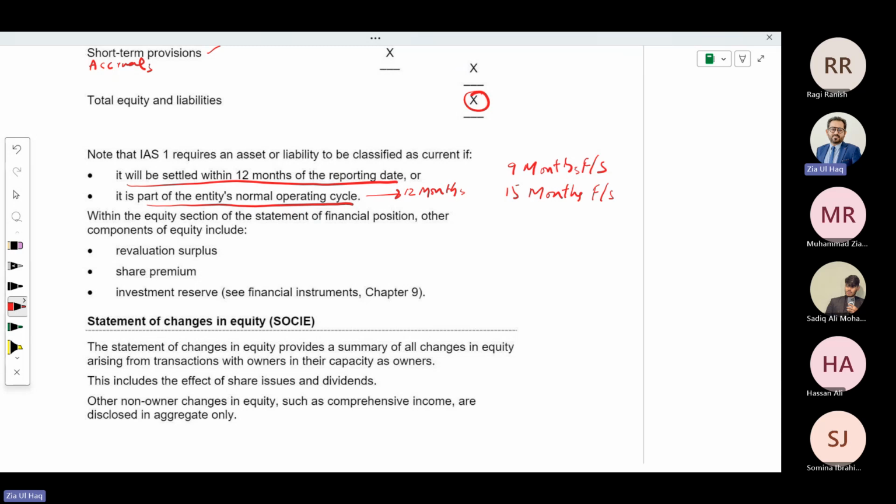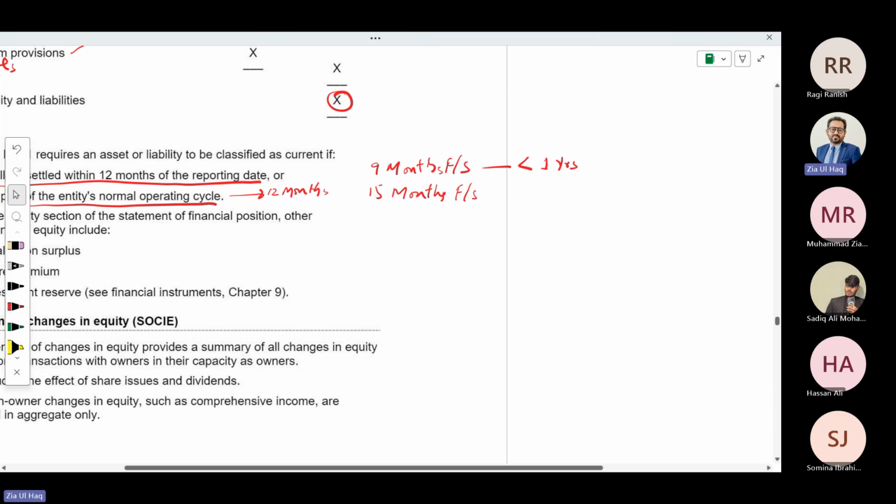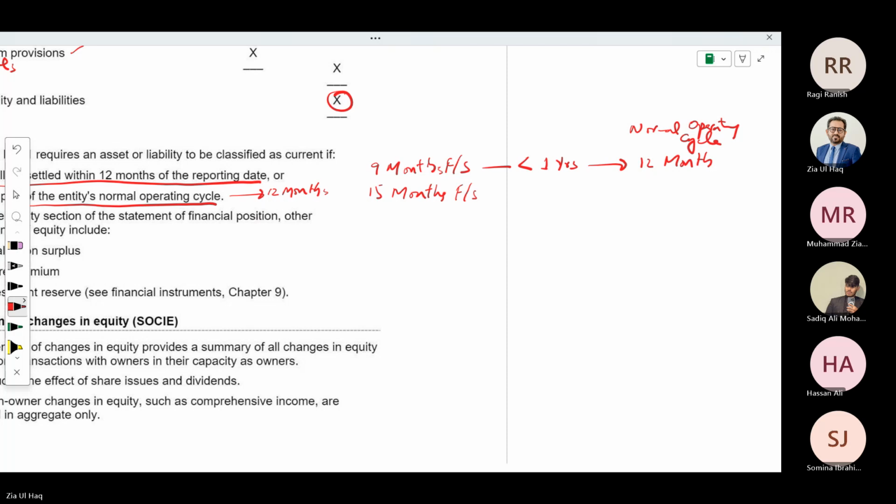If companies are preparing financial statements for less than 1 year, like 9 months, the normal operating cycle will be 12 months. We will consider the normal operating cycle as 12 months. But if the company is preparing financial statements for more than 1 year, the normal operating cycle will be according to the months.